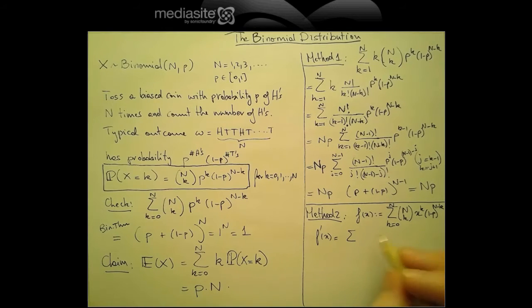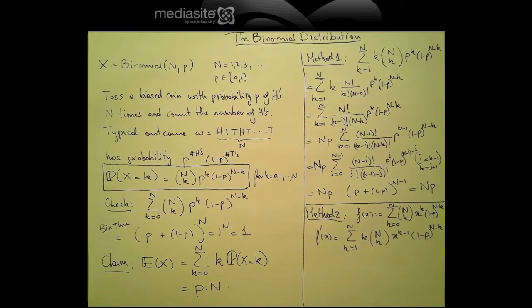And of course, when you take the derivative, the constant term, when k equal to 0 here, goes away. So you start at 1, then you have a k, n choose k, x to the k minus 1, 1 minus p to the n minus k.